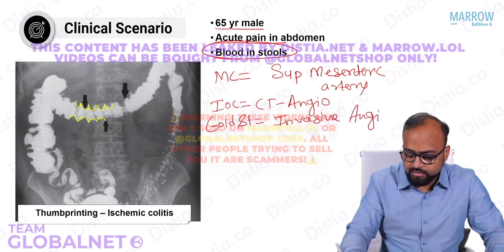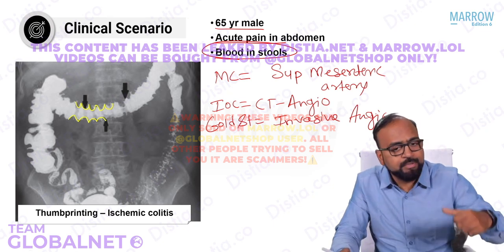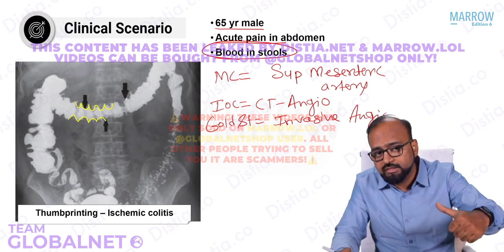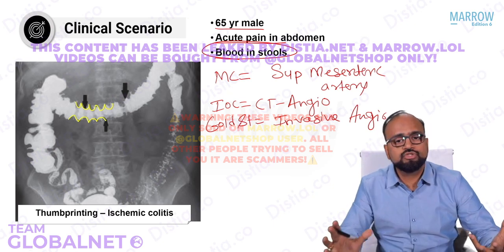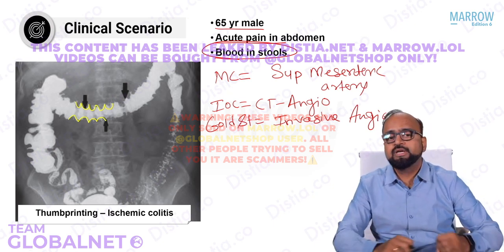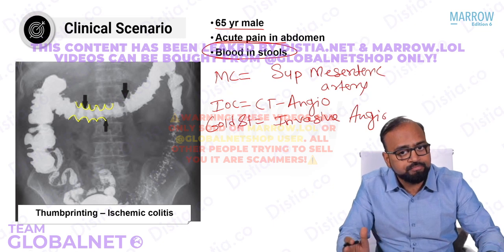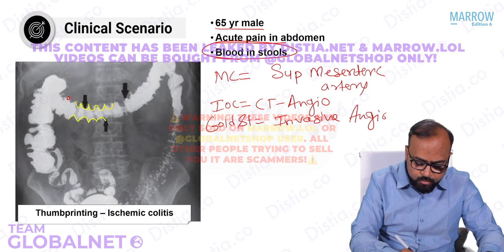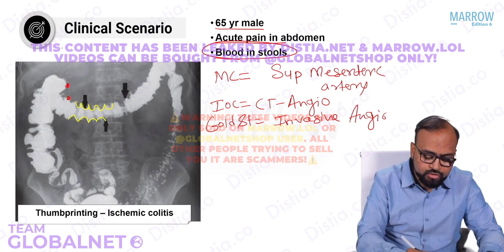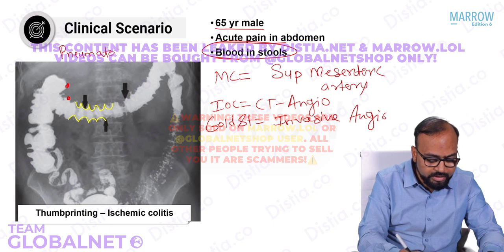Thumbprinting is because of mucosal edema, that is an impression on the bowel lumen. Sometimes there can be shock bowel, which is complete absence of enhancement of the bowel wall on contrast injection. If there is air within the bowel wall, that is called pneumatosis intestinalis.